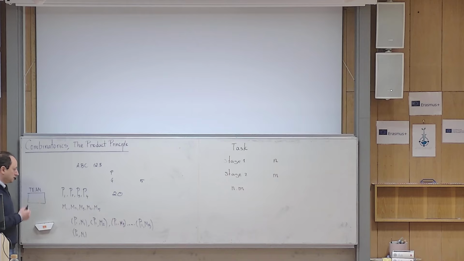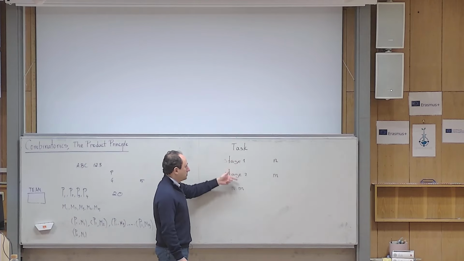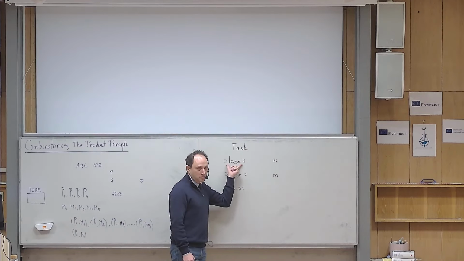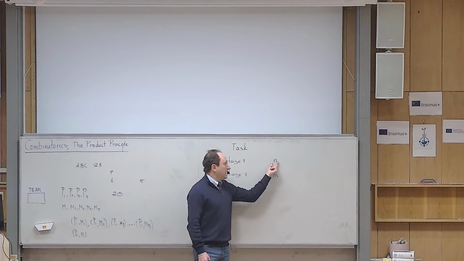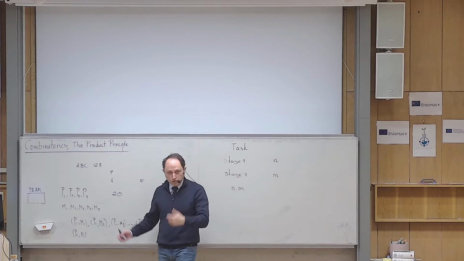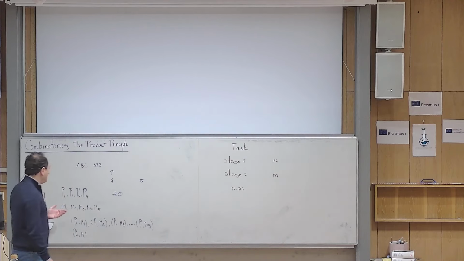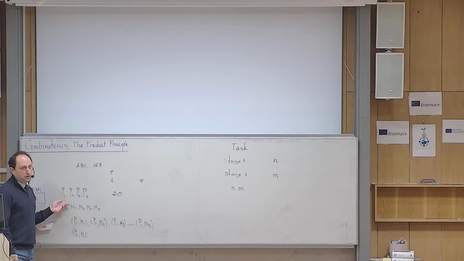Stage one, choosing a physicist. Stage two, choosing a mathematician. Okay, so that's the meaning of having a task that can be done in two stages. But now let us say stage number one can be accomplished in n different ways. So stage one was choosing a physicist. In my case, in how many ways can I do stage one?